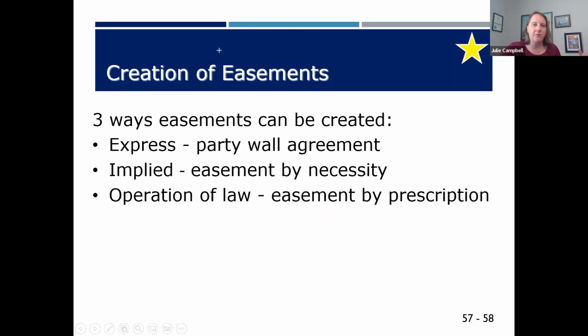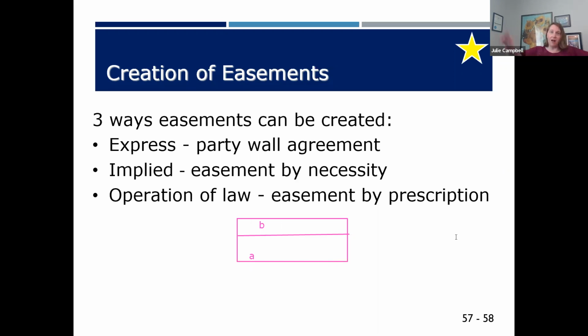Remember the little picture I drew a few minutes ago, where you've got the tract of land, owner A, subdivided, and now we have owner A and owner B. If A says, don't you cross my land, they have landlocked B. They've denied them access to or from their property, and you can't do that. You can't landlock somebody. So in that case, an easement by necessity would be created. It's implied that people should have the right to come and go.